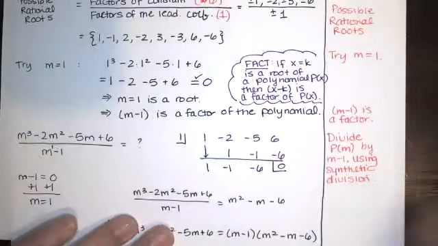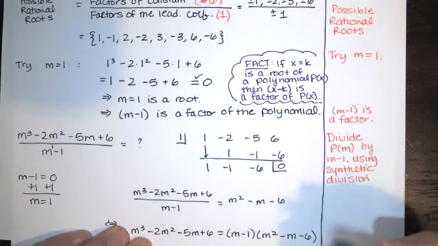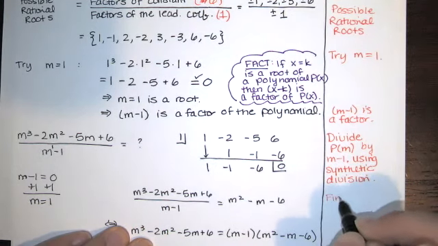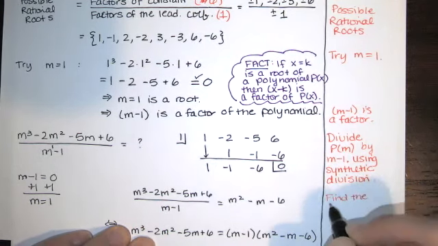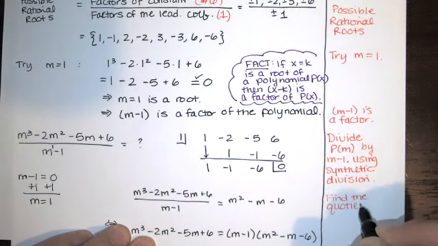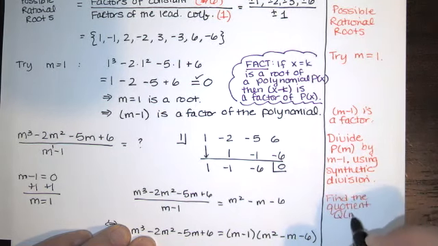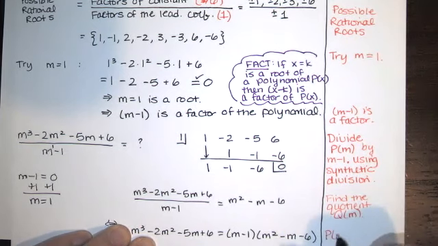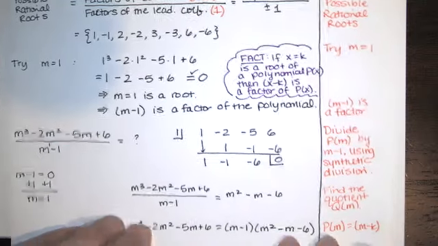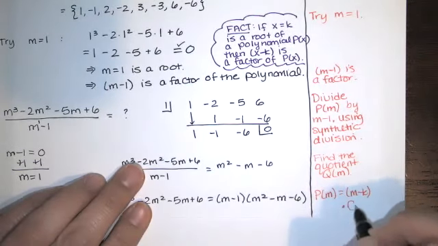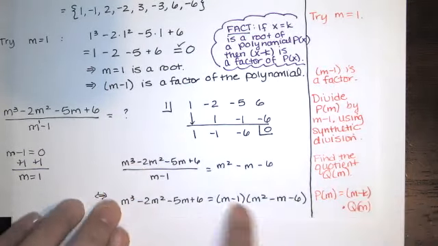So we divided p of m by m minus 1. We're finding the quotient. I'll call that q of m. And then you just take your polynomial and you write it as m minus that factor, or m minus that root, times q of m, which is what I did here.